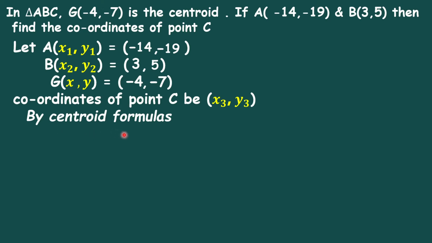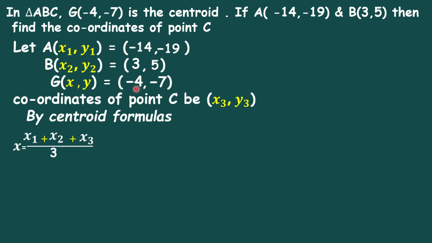Therefore, by the centroid formula, the x coordinate of point G is x equal to the x coordinate of point A, that means x1, plus the x coordinate of point B, that means x2, plus the x coordinate of point C, that means x3, upon 3. To find x3, substitute the value of x.